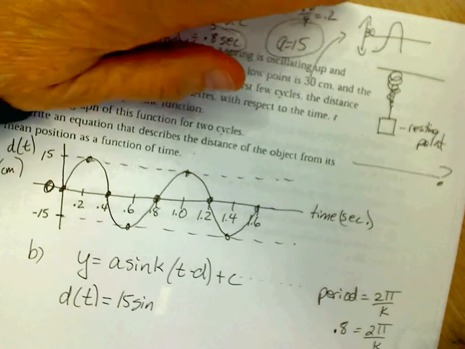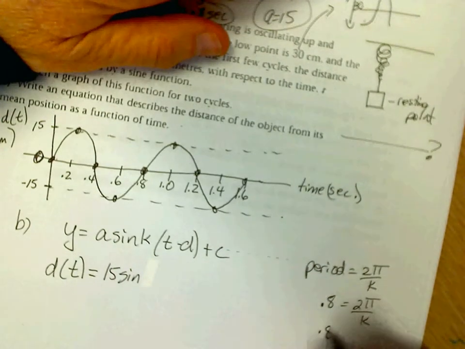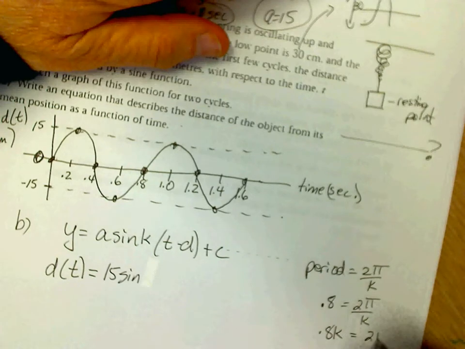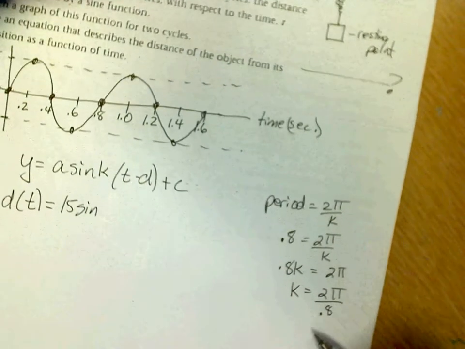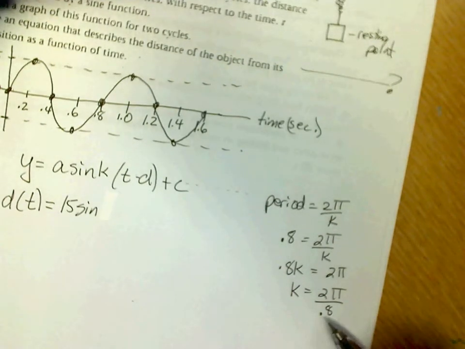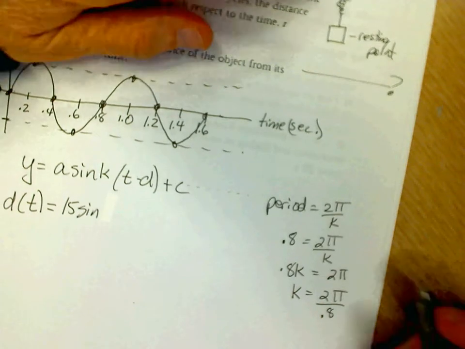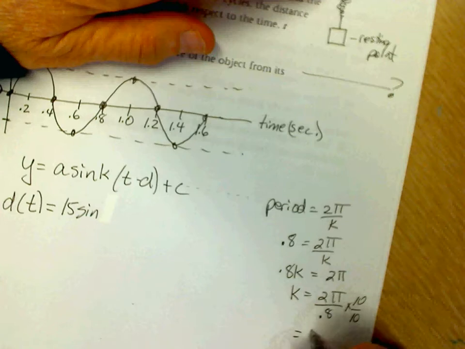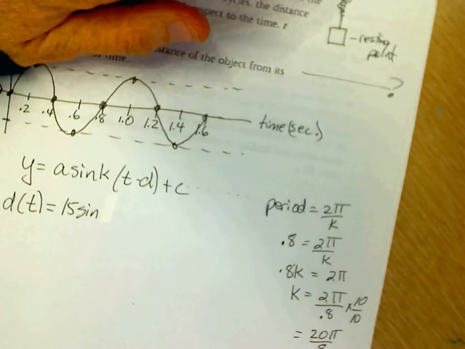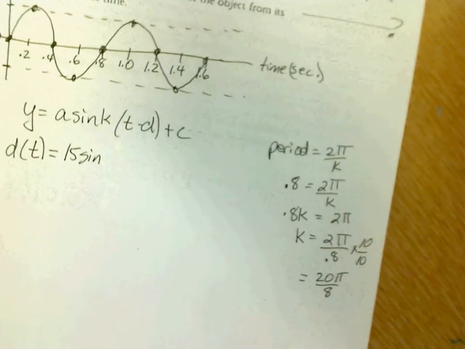0.8k equals 2 pi, so k equals 2 pi over 0.8. You shouldn't really express a fraction with the decimal in it, so multiply it by 10 to get rid of the decimal. So that's 20 pi over 8, and that's equivalent to 5 pi by 4.